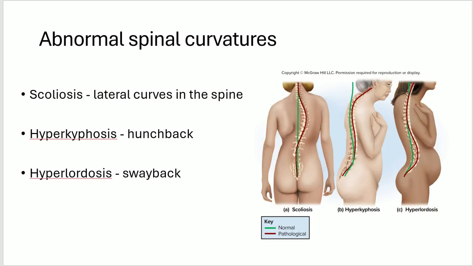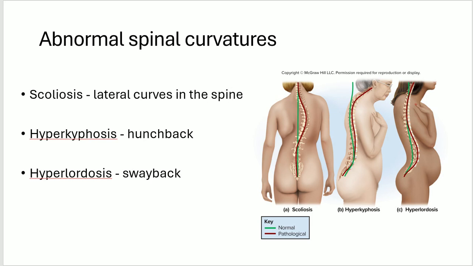And here are some examples of different abnormal spinal curvatures. So scoliosis is a lateral curve in the spine, shown in picture A. Hyperkyphosis is hunchback. So you can see how that spine is arching backward.